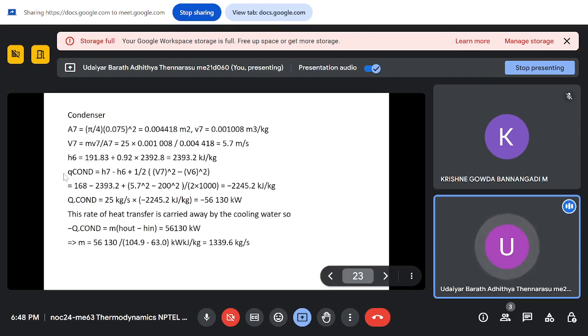Rearranging, you get Q as enthalpy going out H7 minus enthalpy coming in H6, plus half velocity going out squared minus velocity squared at inlet. This will come out to be minus 2245.2 kilojoule per kg.